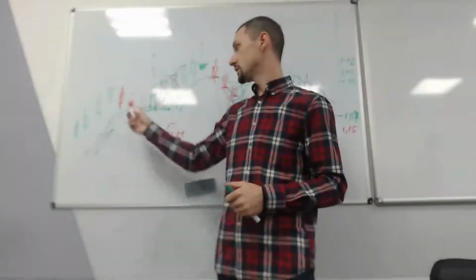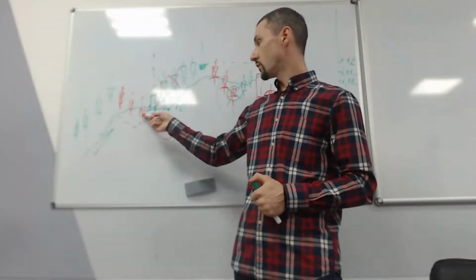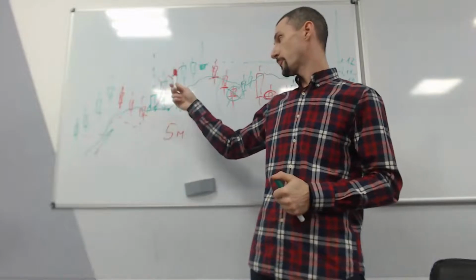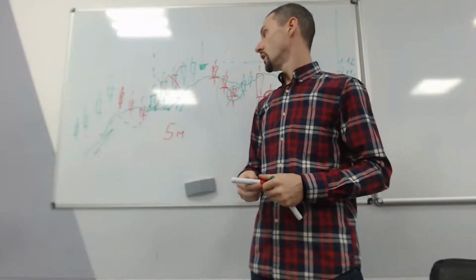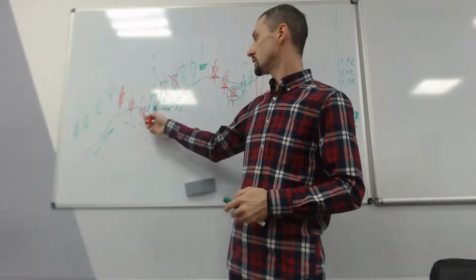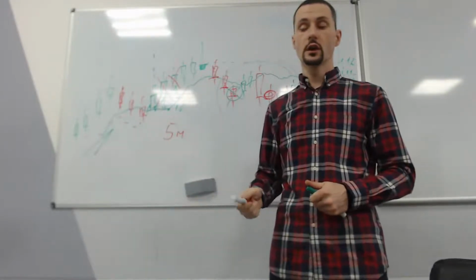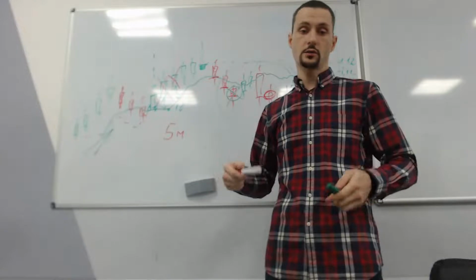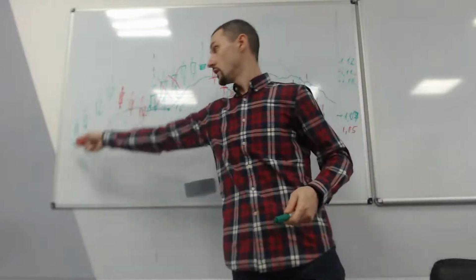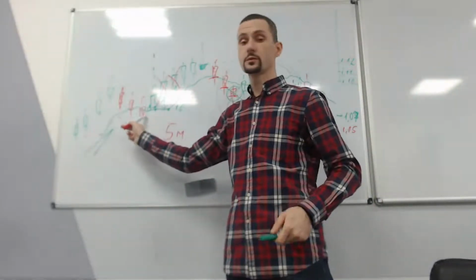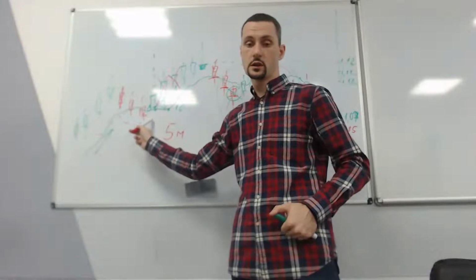The same thing is here. If the rebound is a false breakdown, a false breakthrough, wait a little bit, 1 or 2 candles, and enter if the trend is going up or down as it was before this rebound, before this false breakthrough.